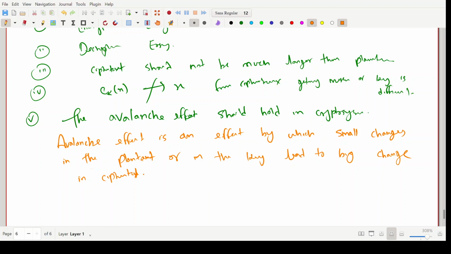That means if you make small changes in plain text, your ciphertext is changed. A big amount of changes has occurred in the ciphertext. So, for example, a change of one bit in the plain text usually results in changes in all the bits of the ciphertext.